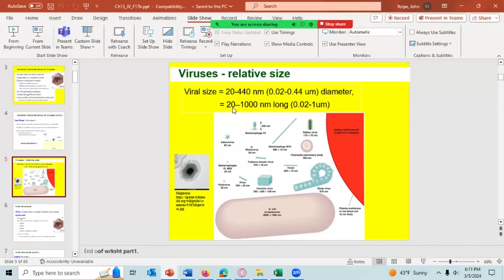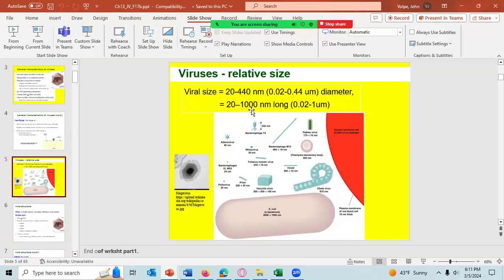Remember, that's the diameter. Ebola reaches almost 100 nanometers, so between 20 to 100 nanometers in length. However, Ebola is not the largest virus, at least in diameter.